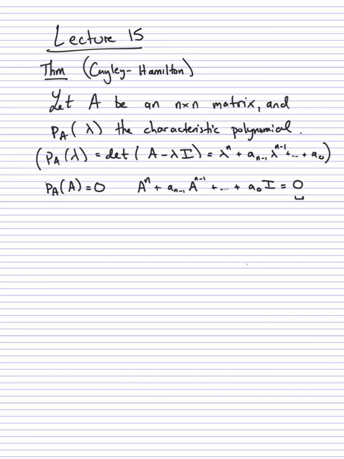So let me make two starting remarks. We saw the first one in the last lecture. This said that every non-zero linear transformation on a complex vector space had an eigenvalue.